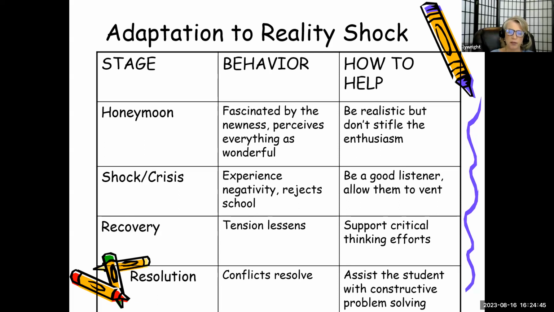Then we move to recovery, where the tension lessens a little bit, and we can help support the development of critical thinking. So yes, that environment might not be what you thought it was going to be from the classroom, but now I'm learning ways that I can work through that ambiguity, that distance between reality and what they thought was going to happen.